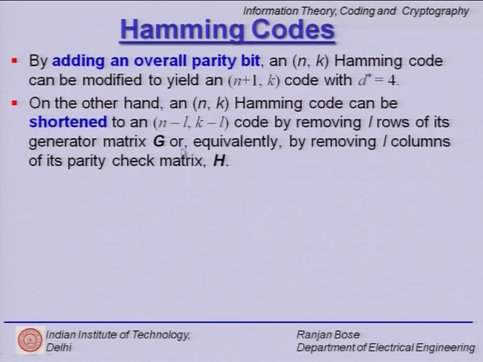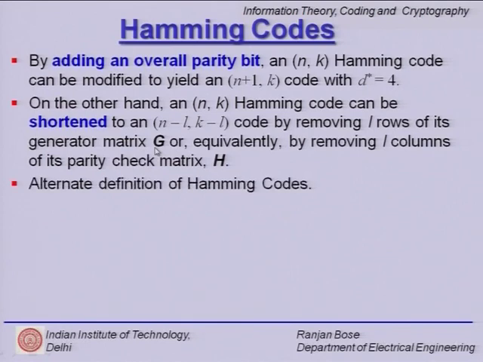How do we do that? Well, n comma k also tells us that G is k cross n. So, I can start deleting rows and columns. If I delete L rows and L columns, I get a modified shortened G matrix for a Hamming code. You can also remove the columns of H and you will get the equivalent H. So, I can play these small tricks to get a smaller or a larger code with interesting distance properties.